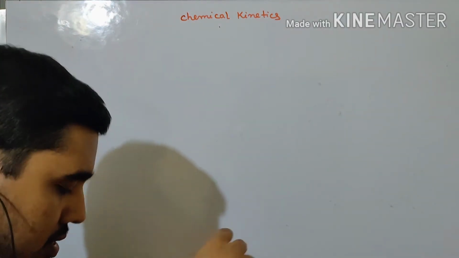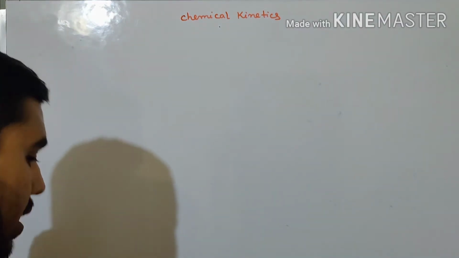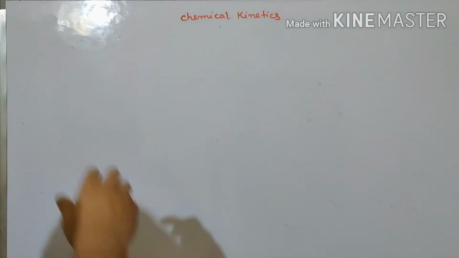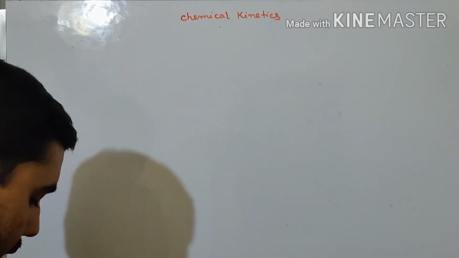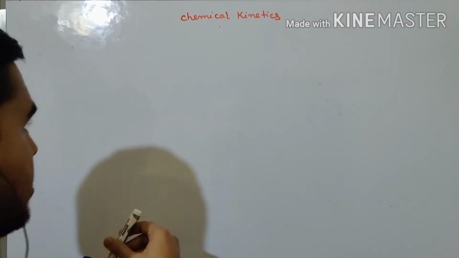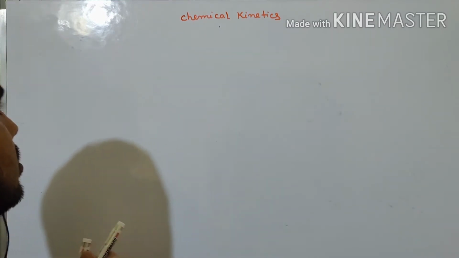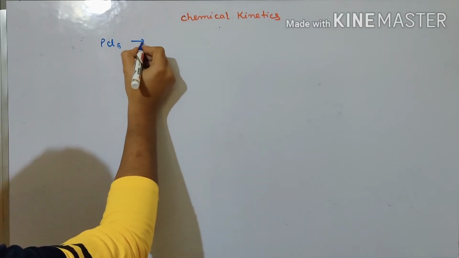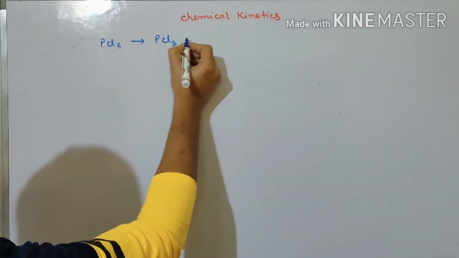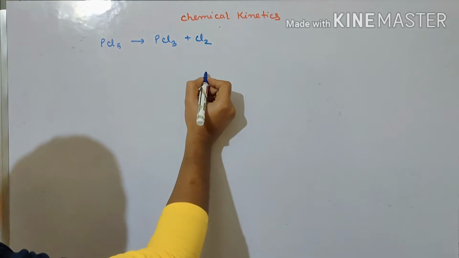Now, let us see a few more cases regarding the rate of a reaction. Suppose for a chemical reaction, PCl5 gives rise to PCl3 plus Cl2.